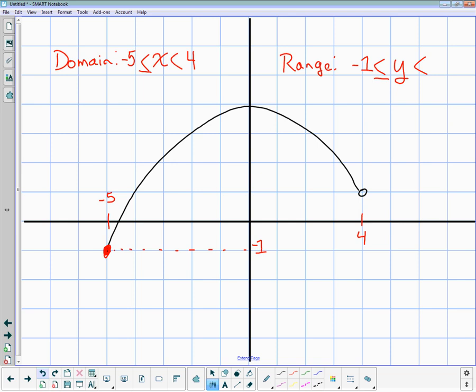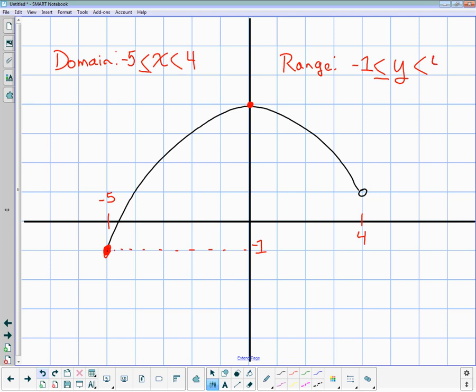Okay. Now let's talk about the maximum y value. What's the maximum y value? Really? It's the highest value on the graph is 1? 4. It's the highest point on the graph. Highest point in the graph is right there. That's the maximum. Okay?